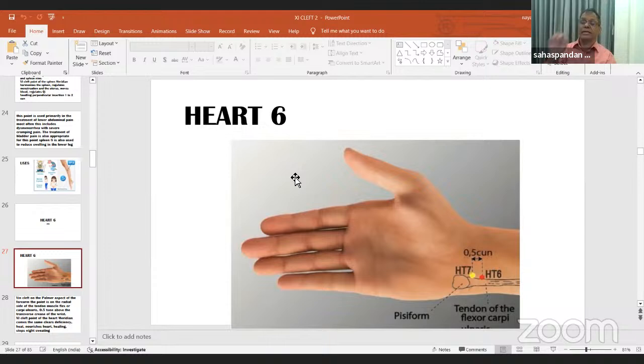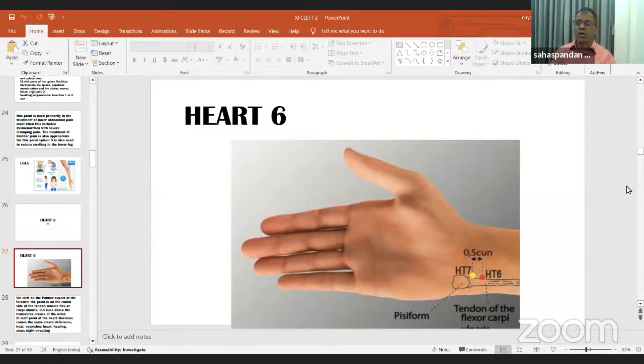This point is on the radial side of the tendon of the flexor carpi ulnaris muscle, half a cun above the transverse crease of the wrist. It is half a cun above heart 7. Heart 7 is on the transverse crease, so it is half a cun above heart 7.